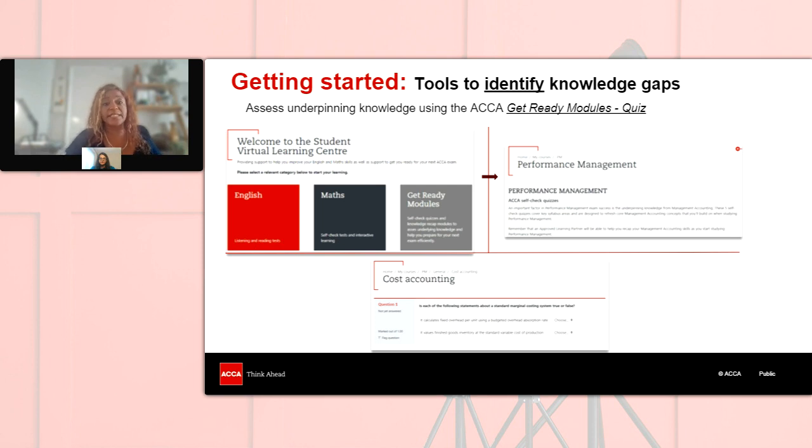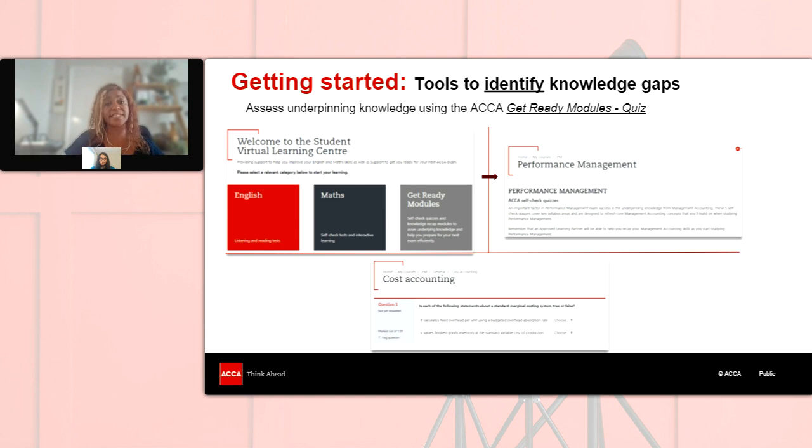So after studying, retake the quiz and assess your progress. What you should find is that you've made progress, and you're getting a lot more answers right this time round. So the process will reinforce your learning. It will help you to identify those gaps and, to an extent, close those gaps as well.